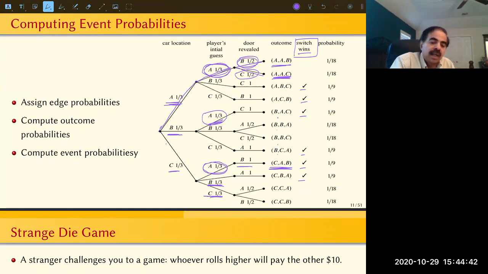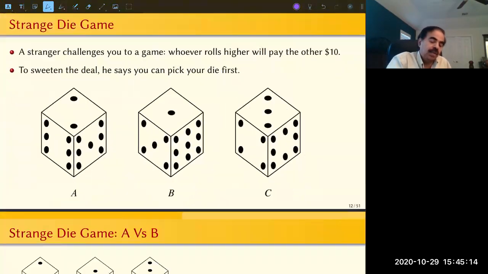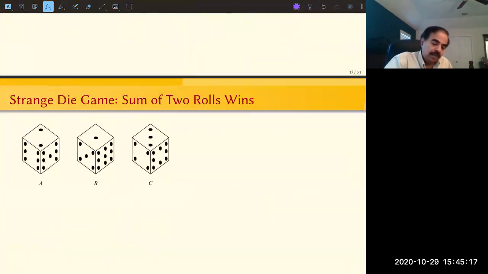This one is not included because there is a car behind door B, and these are not included because they don't correspond to the player picking door A. Because we have put both conditions, we end up with just three cases where the player picks door A and there is a goat behind door B.